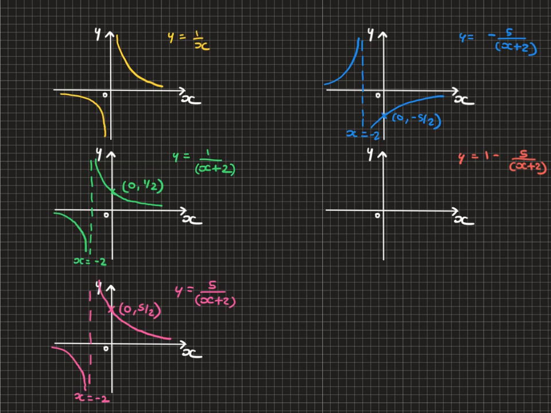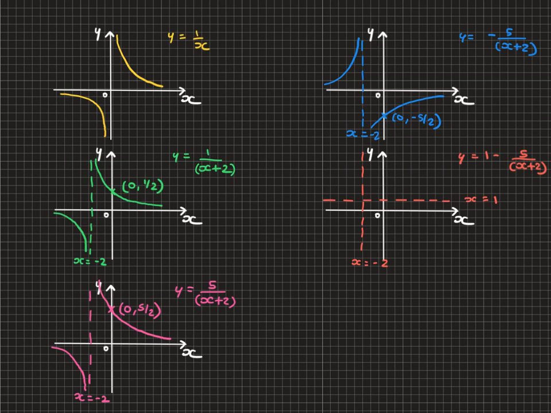Now in the last sketch, we translate with a vector 0, 1, so the vertical asymptote, x equals -2, is still in place, but we now have a horizontal asymptote at y equals 1 rather than at the x-axis.